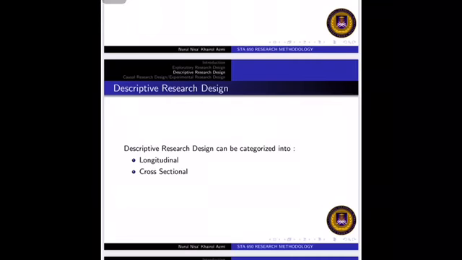The objective of descriptive research is to describe things such as the market potential, acceptance for a new concept of a restaurant, the demographic profile, attitudes of the consumer, and so forth.